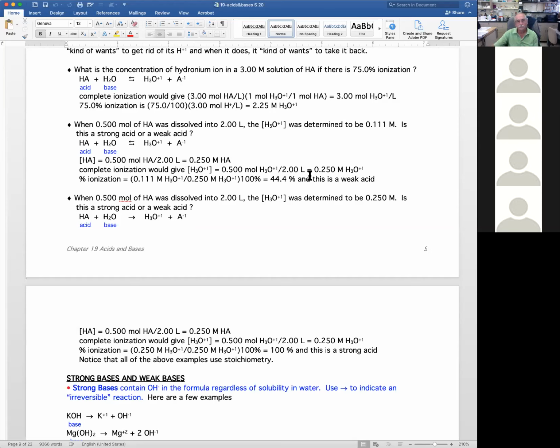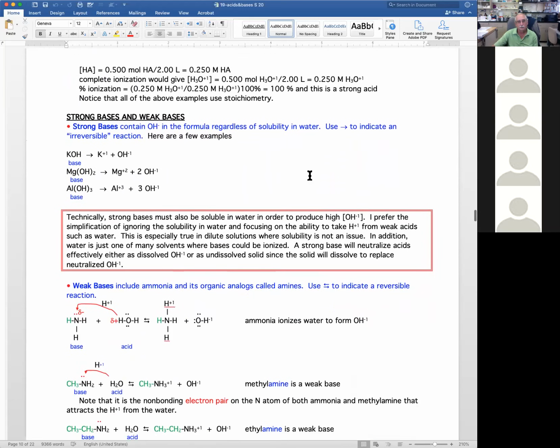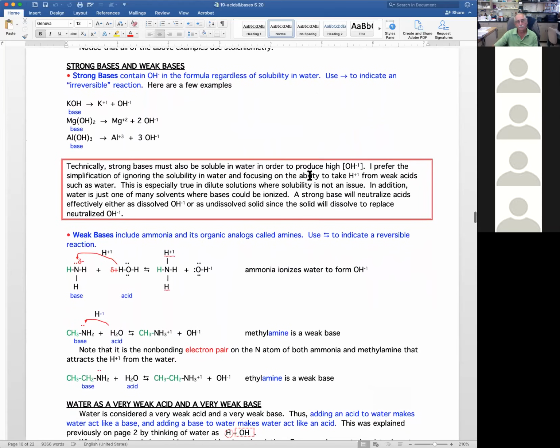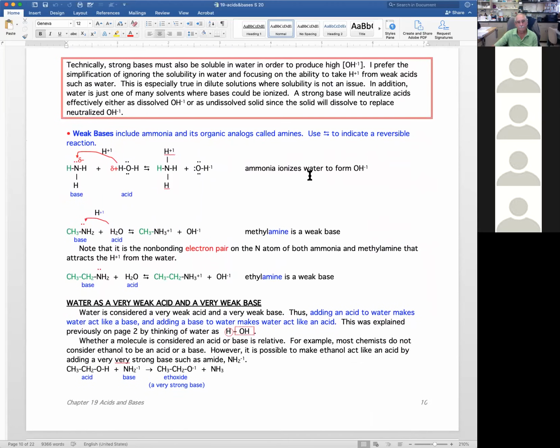Then another huge simplification is that strong bases simply have hydroxide in the formula. Weak bases don't. And the weak bases are going to be ammonia and the analogs of ammonia.